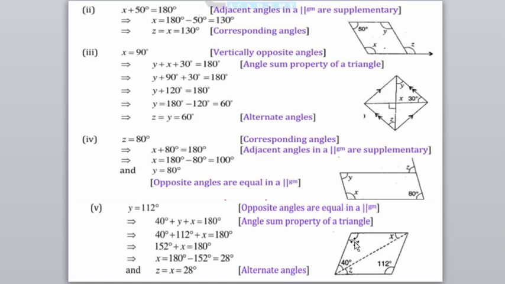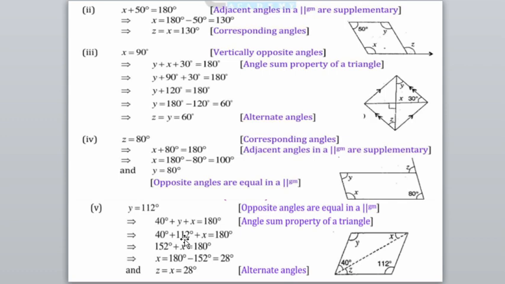As we got here y equals 112 and here 40 degrees is given, it means we want x. So by using angle sum property of a triangle we can find out the value of x. So here 40 degree plus y plus x equals 180 degree, angle sum property of a triangle. So 40 degree plus 112 degree plus x equals 180 degree.